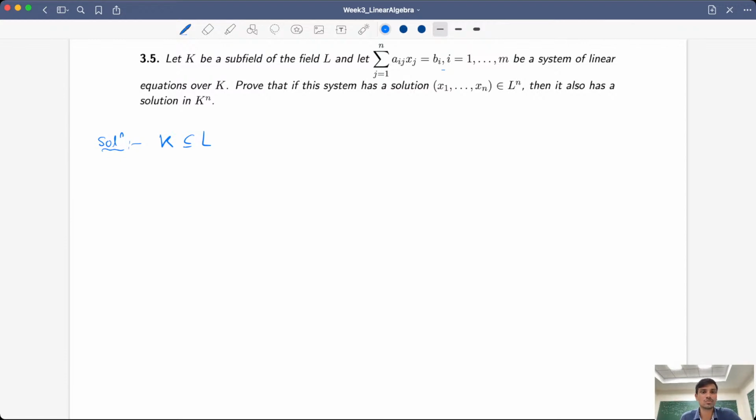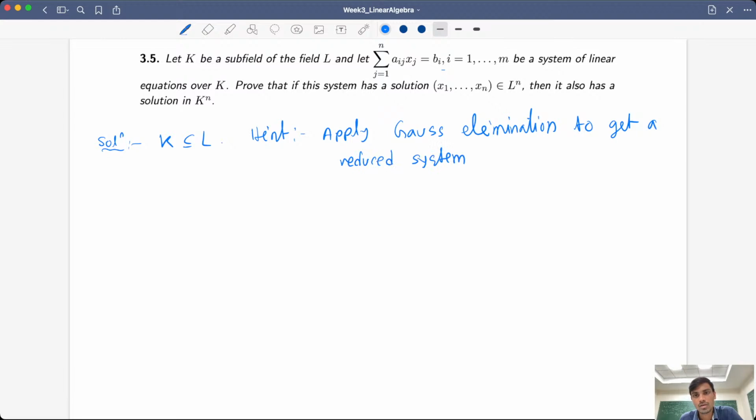So the main hint is to apply Gauss elimination to get a reduced system, which has either a solution in K^n or not.